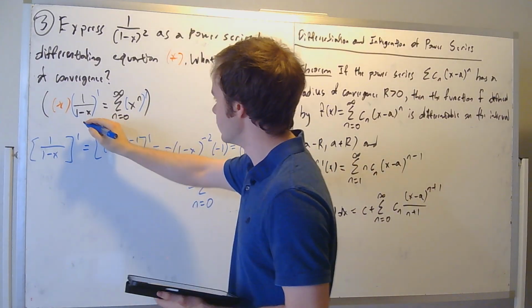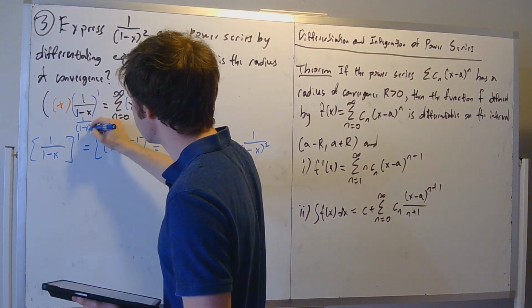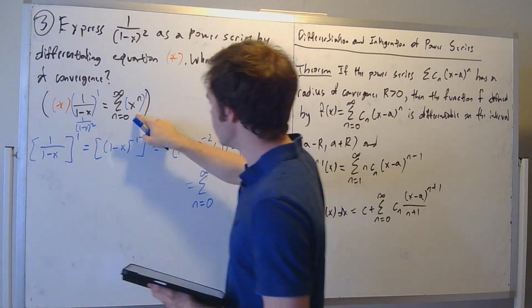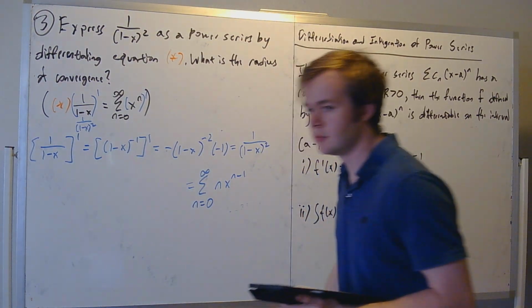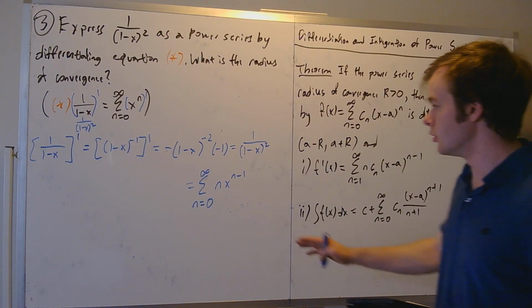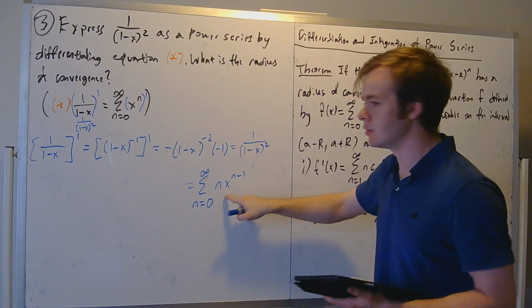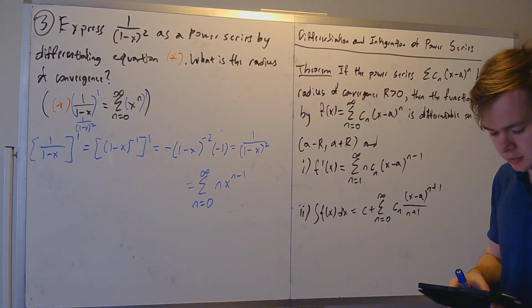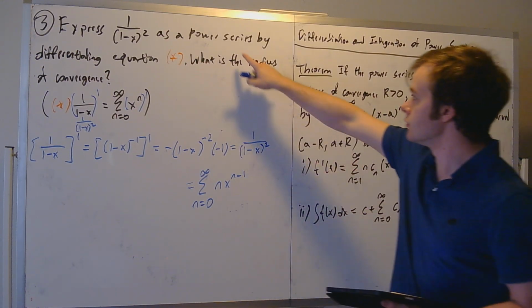So we said this derivative was the same thing as 1 over 1 minus x to the power of 2, and then this derivative is n times x to the n minus 1. Right, that's using the power rule. Okay. And so all this is saying is the derivative of the left side is going to be the same as this. So we actually already found that. So we found our answer.